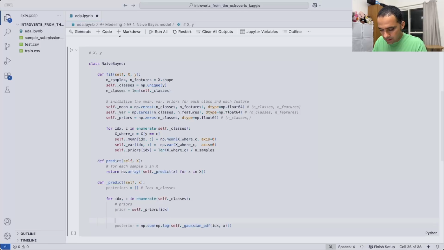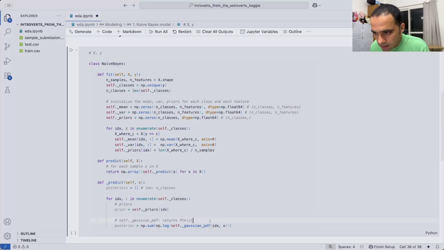We can say that this returns the probability of X given C. Therefore what we need to do is, we have the likelihood X given C. So for this particular class, what is the likelihood of all these features individually?